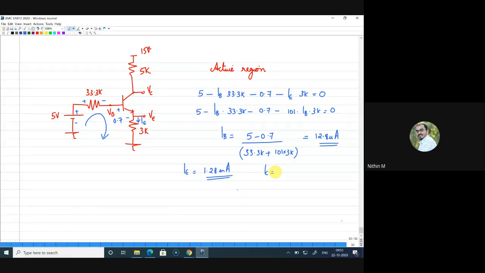Now you can find IC. IC is alpha IE. Alpha can be obtained from beta, and since beta is 100, alpha is 0.99. 0.99 into 1.28 milliamps is slightly lesser than 1.28.